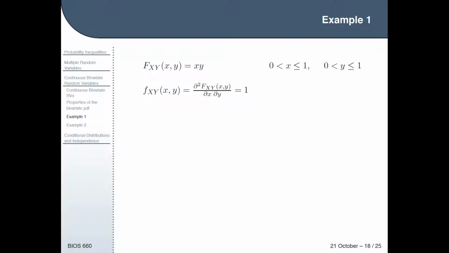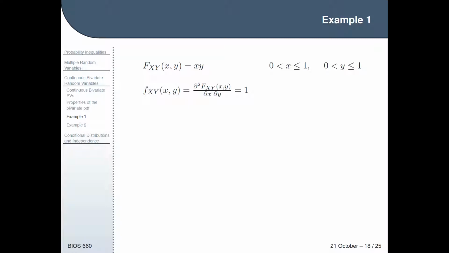Well, to calculate the joint PDF, as I said before, all you do is take the partial with respect to x, then the partial with respect to y, or if you want to take the partial with respect to y first, it doesn't matter. You take the partial with respect to x, you get y. You take the partial with respect to y, you get 1.